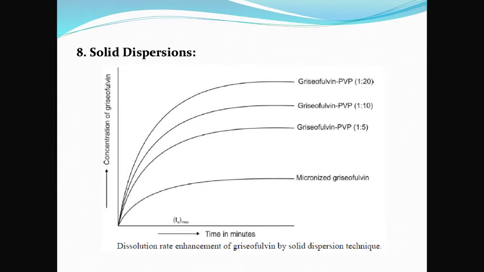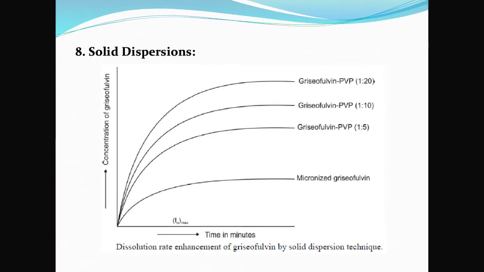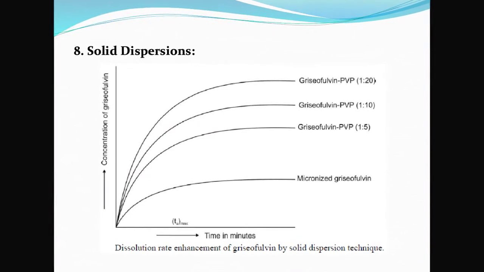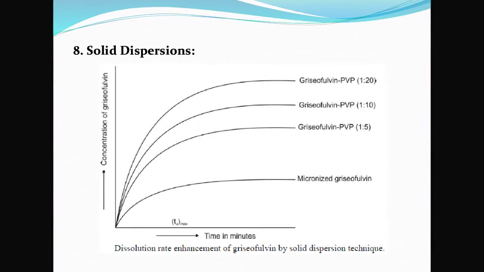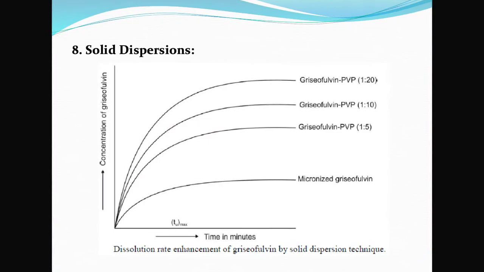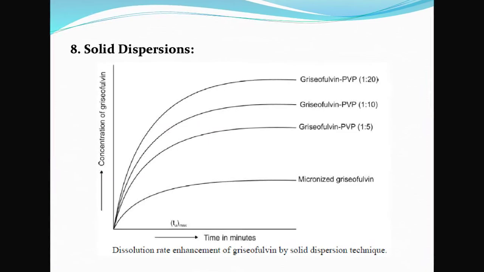This performance occurs because the PVP polymer effectively traps the drug in a high-energy amorphous state, preventing the molecular reaggregation that limits the micronized form. How would you adjust the drug-to-polymer ratio if your goal was to maximize the concentration gradient across the intestinal membrane within the first 30 minutes of administration?